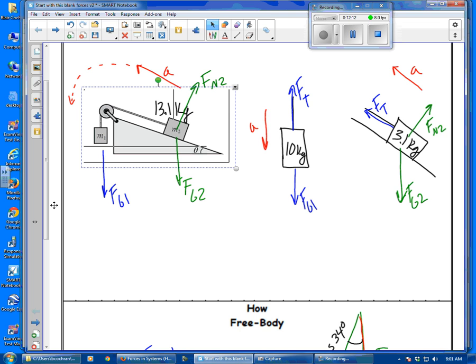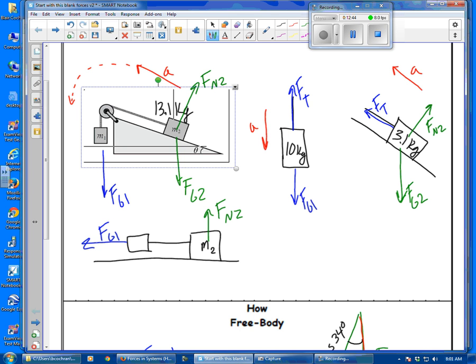And then I could picture this: M2 sitting on a surface, attached to M1, which is hanging out here in the air. And then M1 is being pulled this way by this force that I'm calling FG1, which has the same size as its weight. M2 then would have a normal force up that way, and its weight, just because of the weirdness of it sitting, is pulling in that direction.